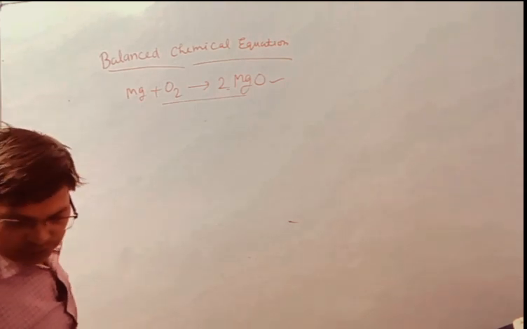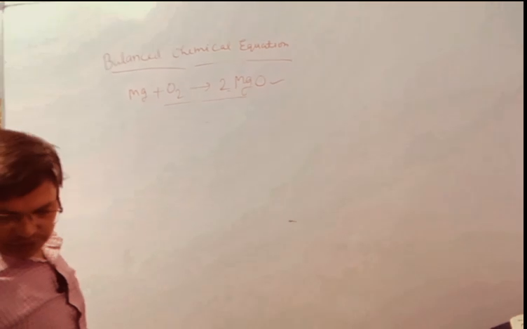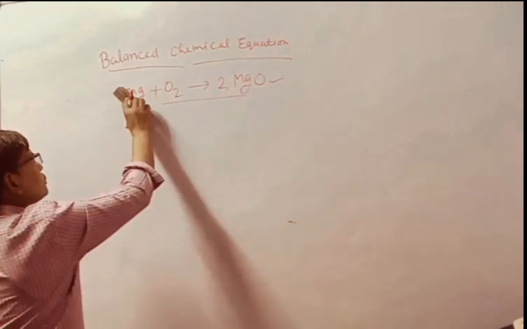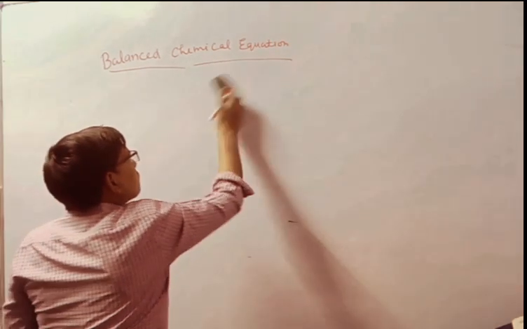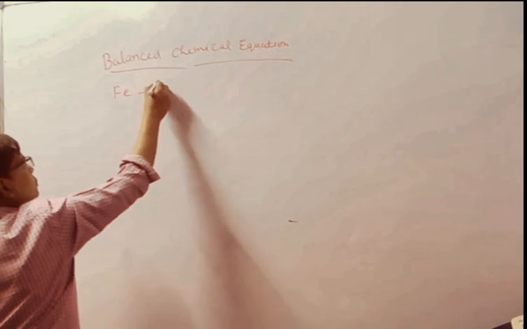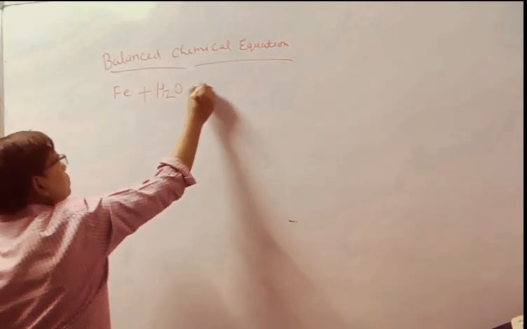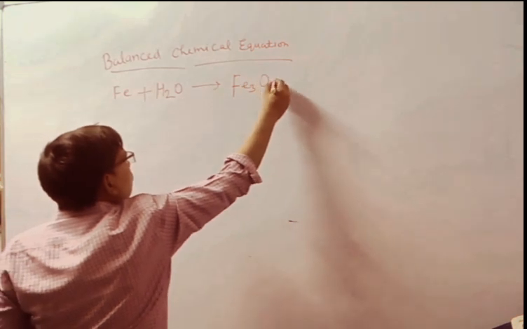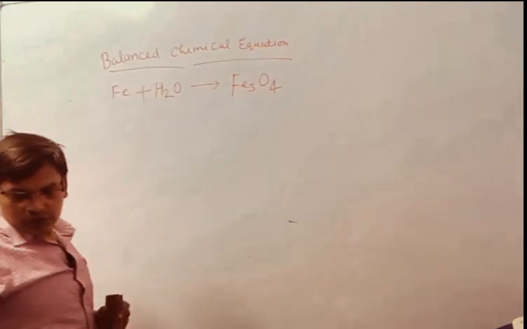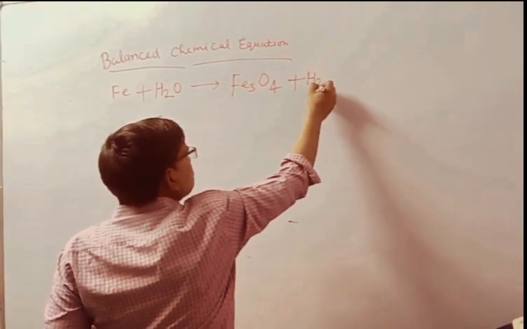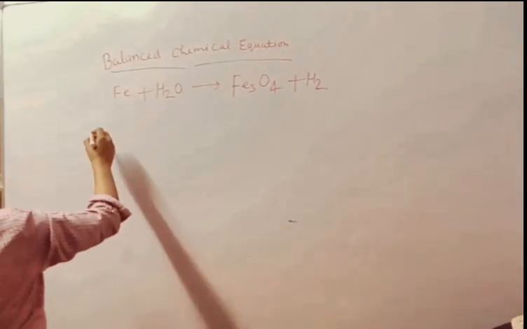So next question we are going to try to balance: Fe plus H2O, iron plus H2O reacts to make Fe3O4 plus H2.